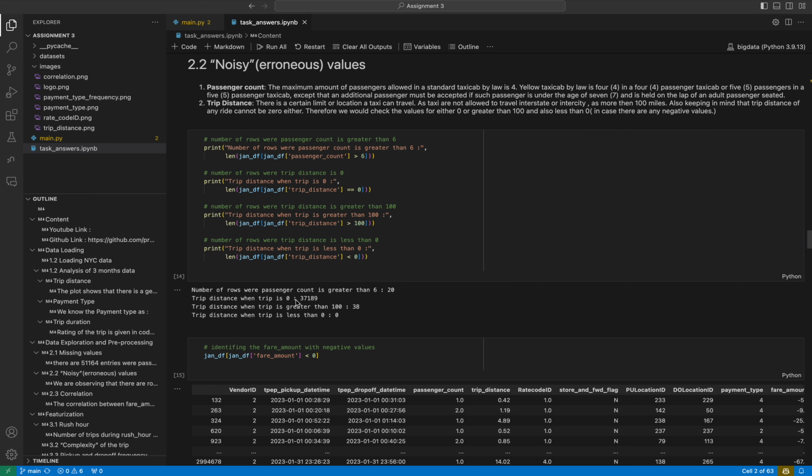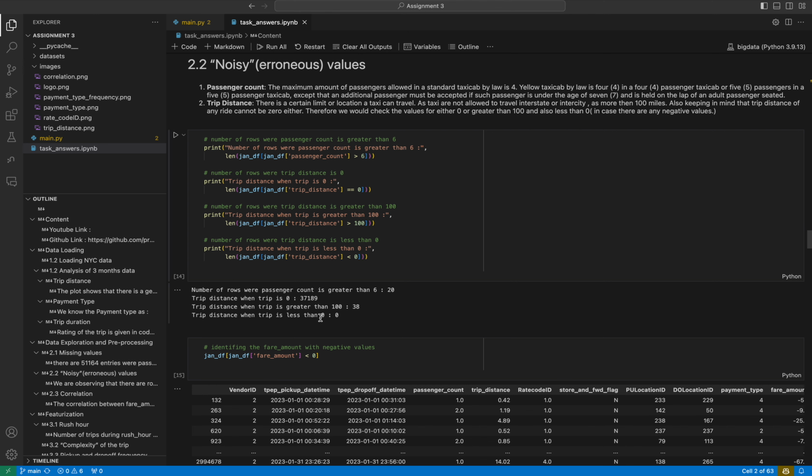There is a particular distance a cab can travel. It cannot travel cross country. So I put a limit of 1,000 miles, and then I got the distance. So here I have the output of it, showing what exactly my data is.